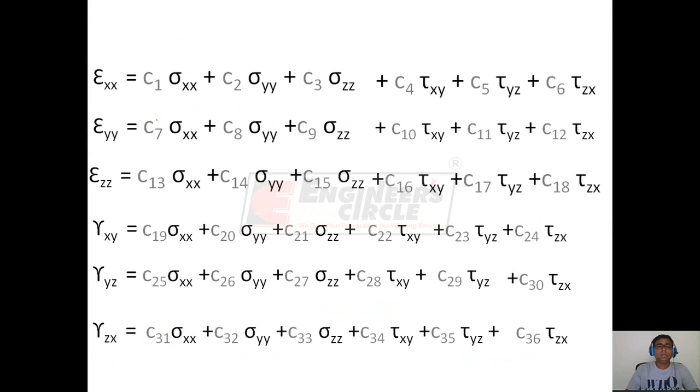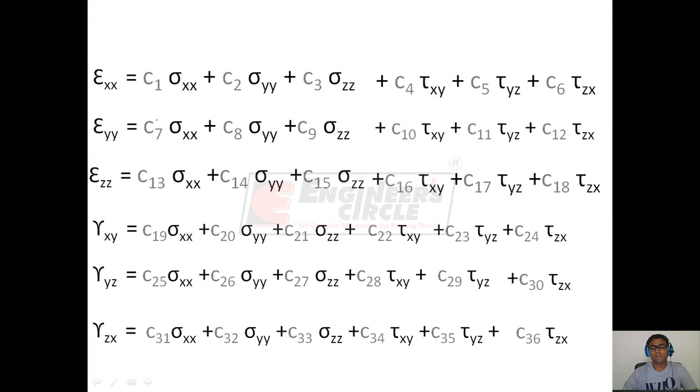That is, in this general linear relationship between stresses and strains, the constants C4, C5 and C6 will become 0. That is, normal strain epsilon xx is dependent only on normal stresses sigma xx, sigma yy and sigma zz, and does not depend on tau xy, tau yz and tau zx.